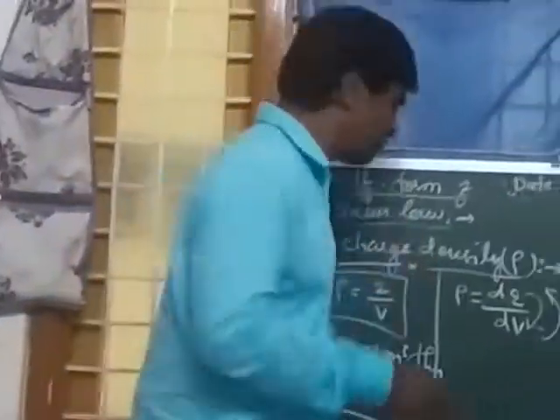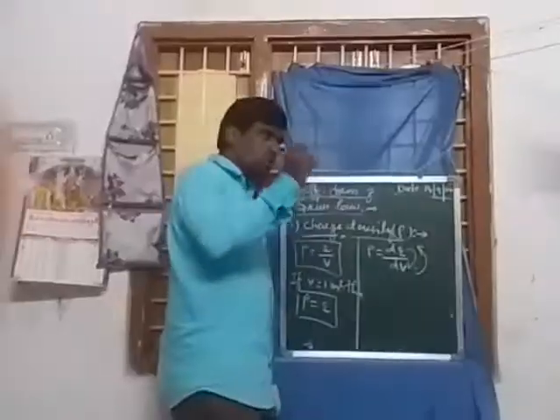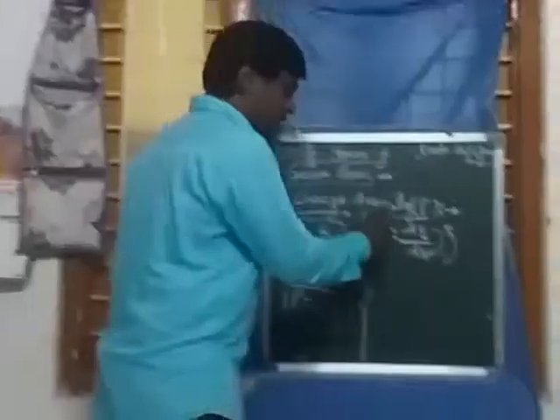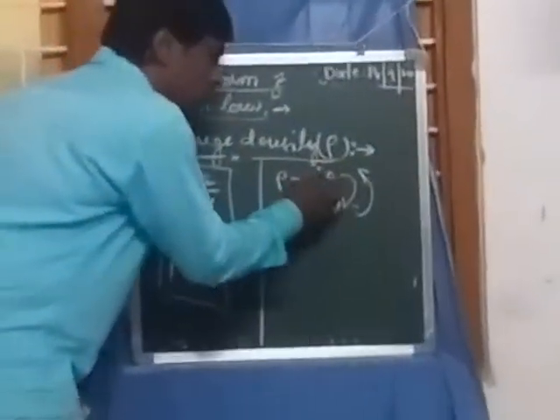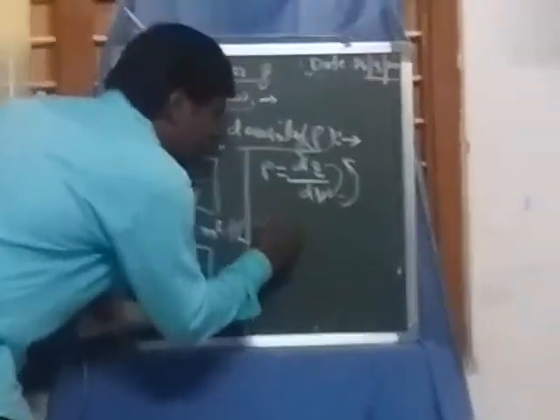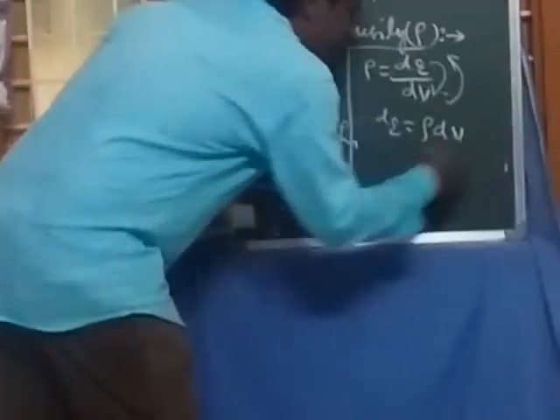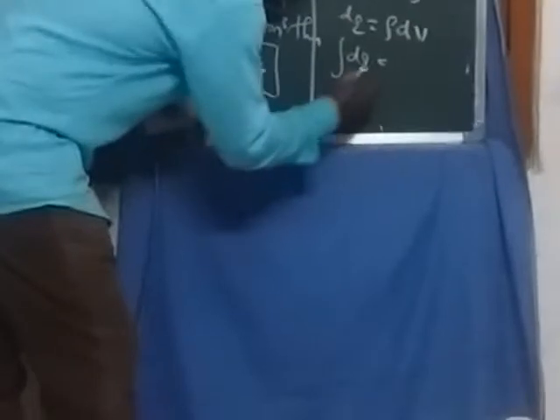That's why we first take a small value, and this is to explain the total property of any physical quantity. So rho is equal to the charge density, rho is equal to dq by dv. Therefore dq is equal to rho into dv. For total charge, integrate the above equation: integral dq equals integral of rho into dv.